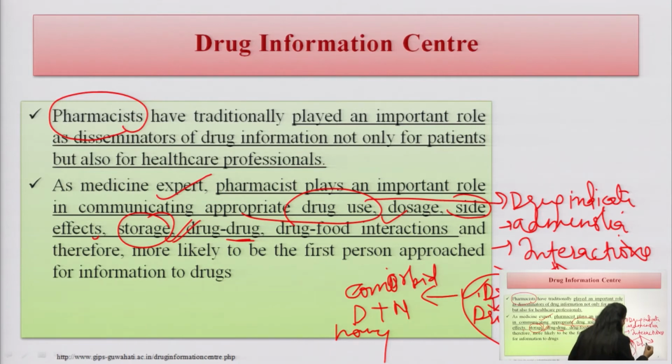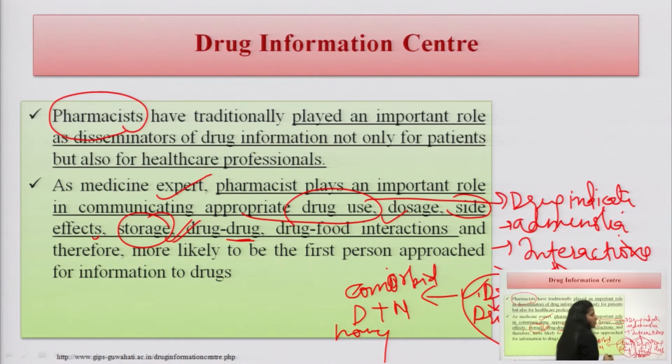There could also be drug and food interactions. Sometimes food interacts with a drug; milk can interact, and similarly alcohol and smoking. All these come under drug and food interactions. Another is drug and herb interactions.